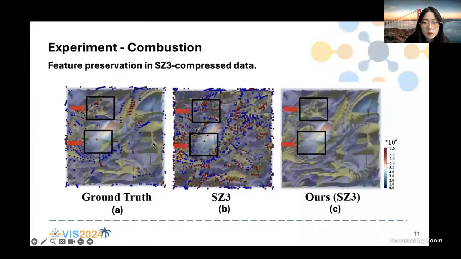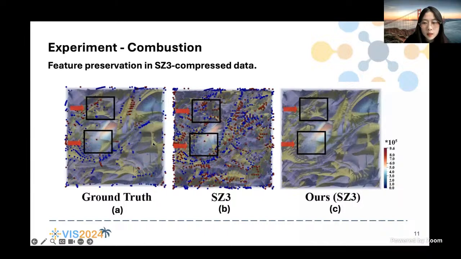And here are some of the results of our method's ability to preserve MSS on datasets from combustion, where PLMSS could be used to identify flame structures. Figure A is the MSS of the original data, with spheres representing critical points, and figures B and C are the MSS of SZ3's decompressed data and ours, with spheres representing false critical points.